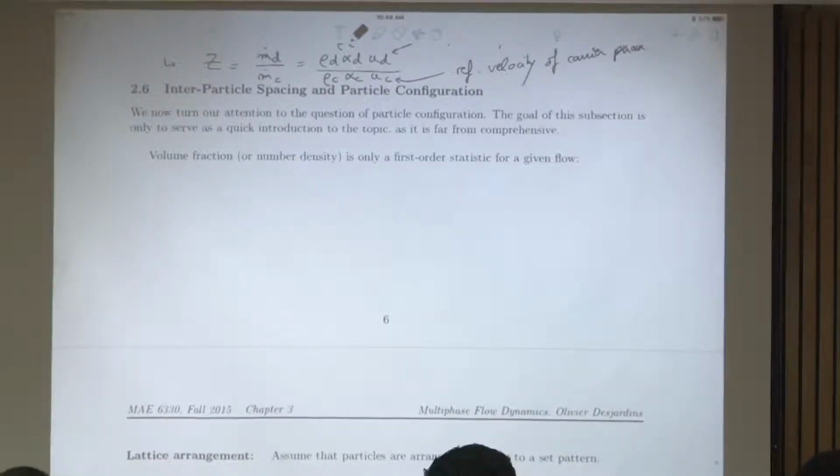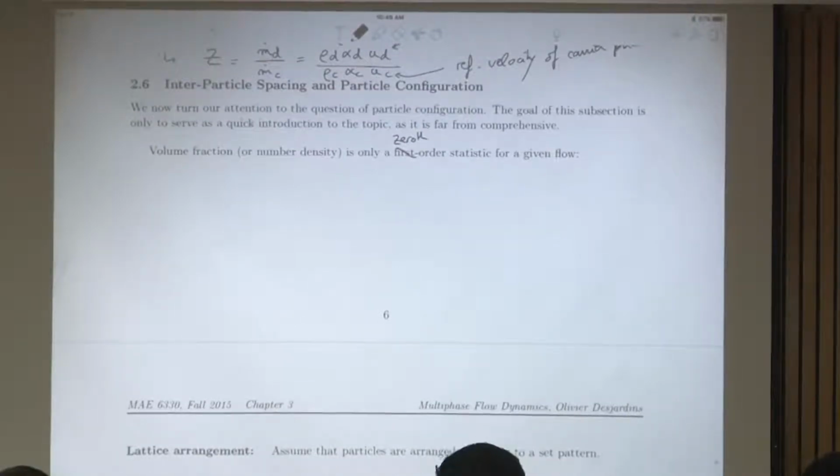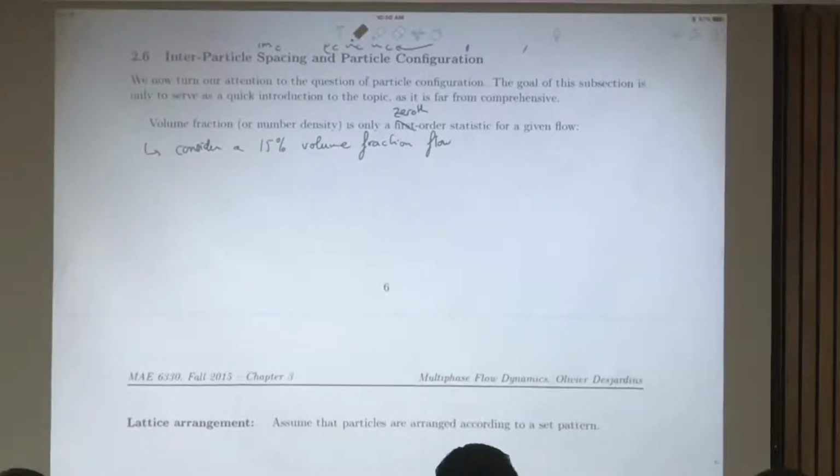So if you compute number density, which is not a first order but a zeroth order statistic, you can consider, say, a 50% volume fraction flow. So a flow where I have 50% of my volume occupied by particles. Depending on the physics, that could look very different.